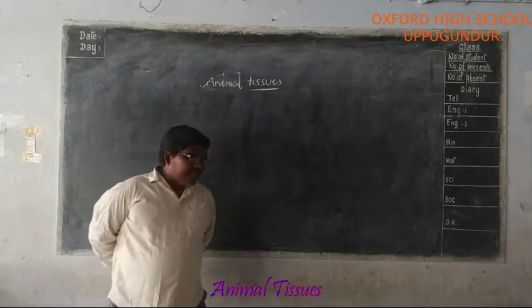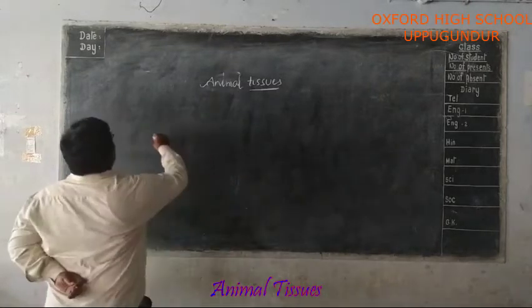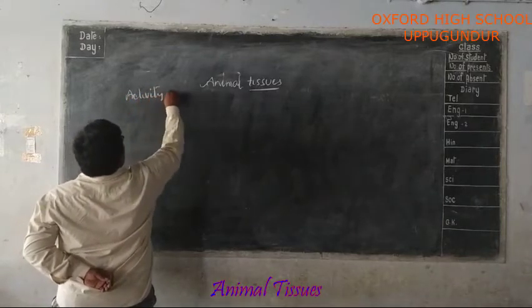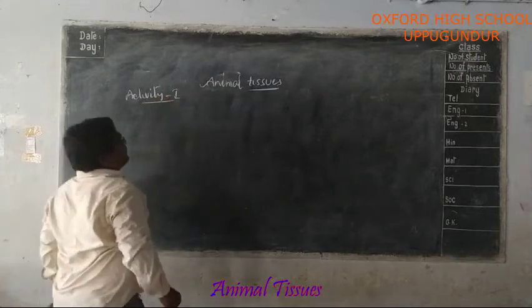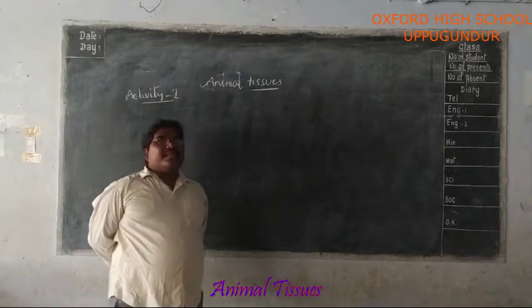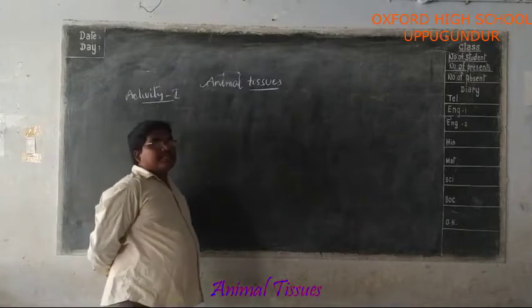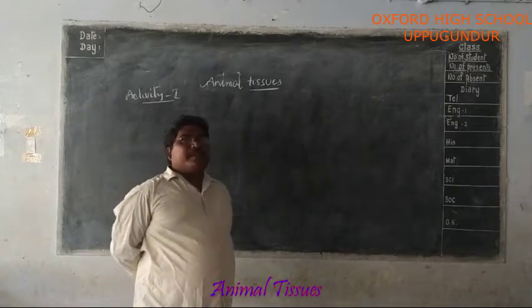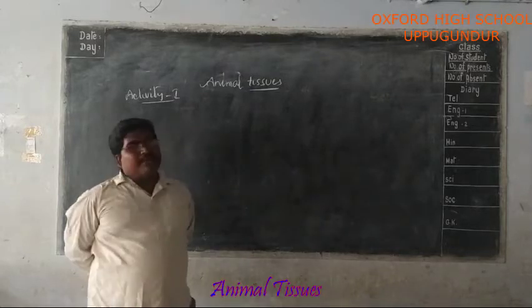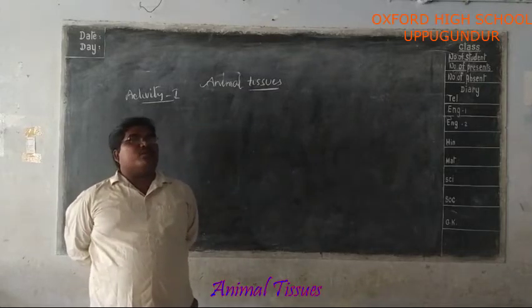Okay, in this lesson, the first activity is activity 1. In this activity, we need to collect some specimen copies. Collect the specimen copies of different tissues of animals and observe under the microscope.